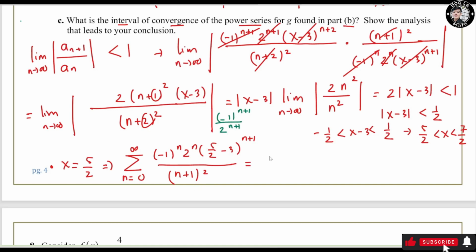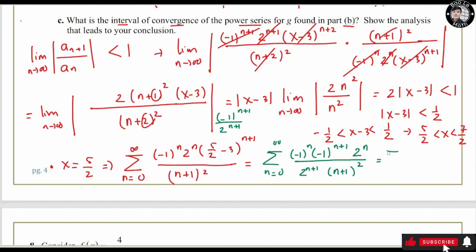This turns out to be the series from n equals 0 to infinity of negative 1 raised to the n times negative 1 raised to the n plus 1, times 2 raised to the n, over 2 raised to the n plus 1 times n plus 1 squared. Negative 1 raised to the n times negative 1 raised to the n gives negative 1 raised to the 2n, which is 1, so you have negative 1 raised to the first left, which is negative 1.